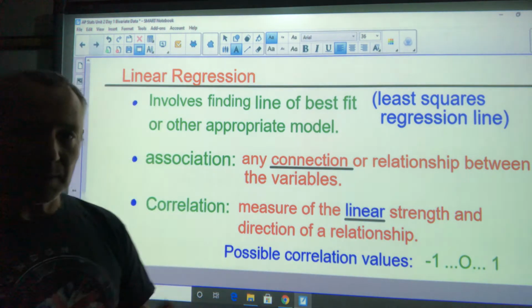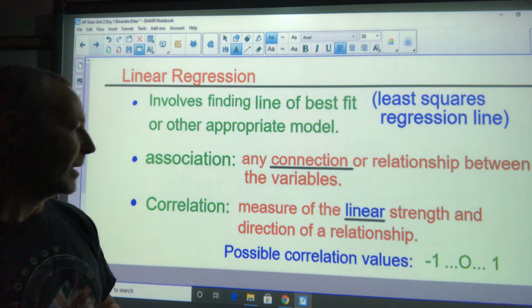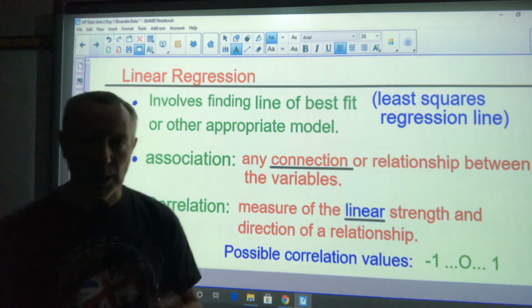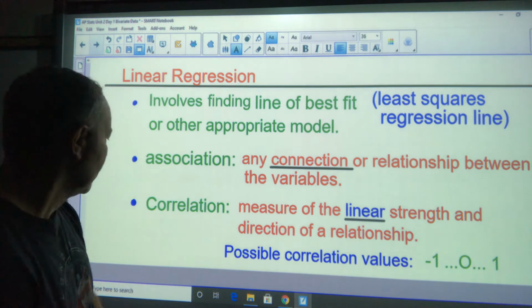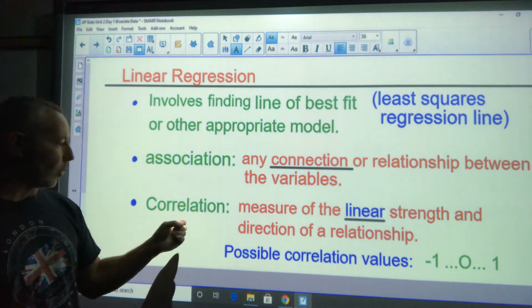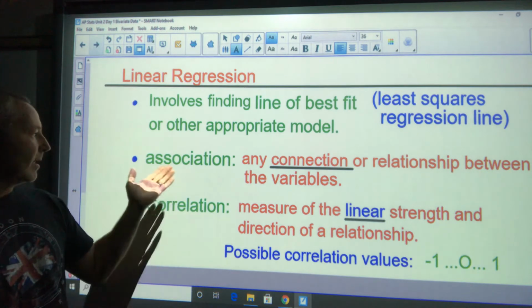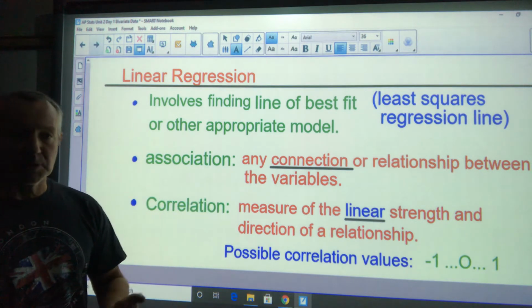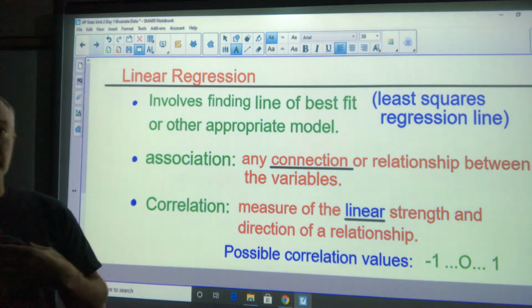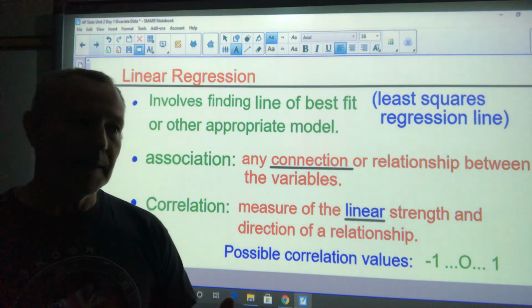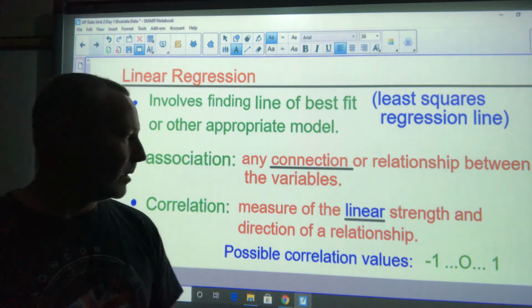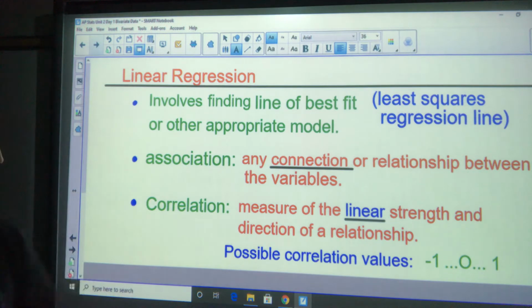It's just up or downhill depending on what you're studying, and it has no bearing on the value of anything. It's not better or worse. So correlation, super important, the difference here. Correlation is a measure of the linear strength. Association is just: is there a connection between the two variables? If I know something about one, would I know something about the other? I'll show you an example of that later in our notes today.